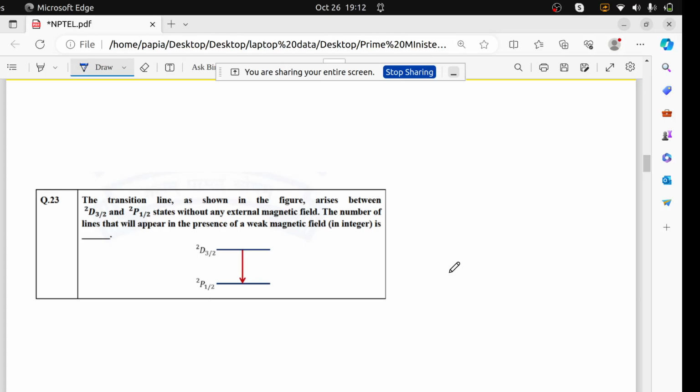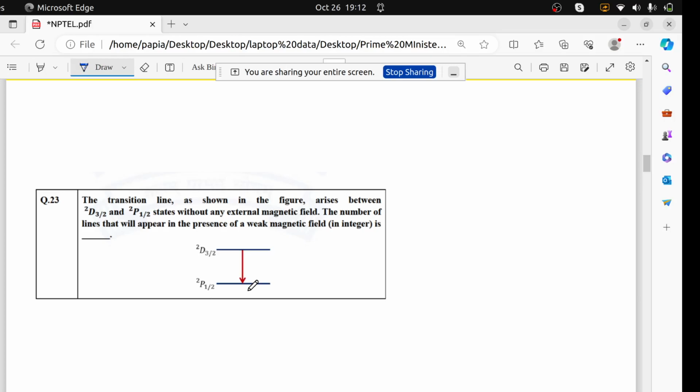Okay, so in that question they are asking that from this 2D3/2 to 2P1/2 state, there is only one spectral line when there is no external magnetic field. But if there is a weak magnetic field, then how many lines will appear in the presence of the weak magnetic field?